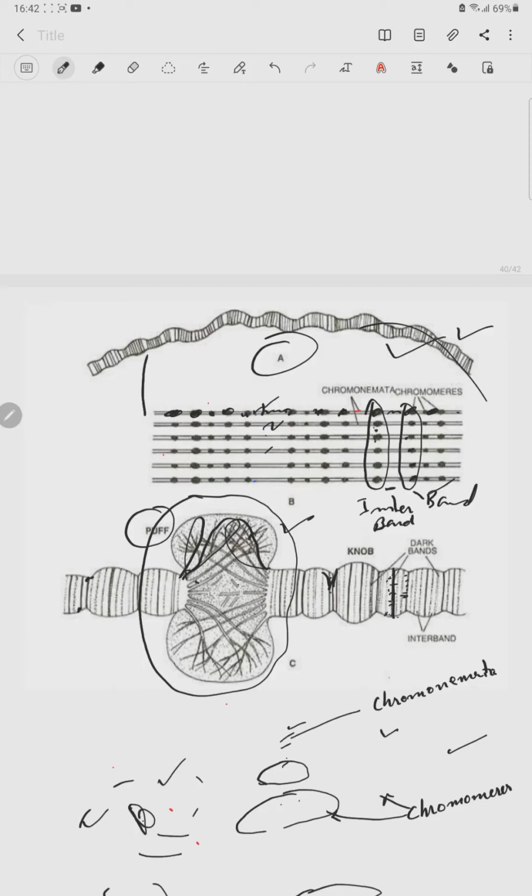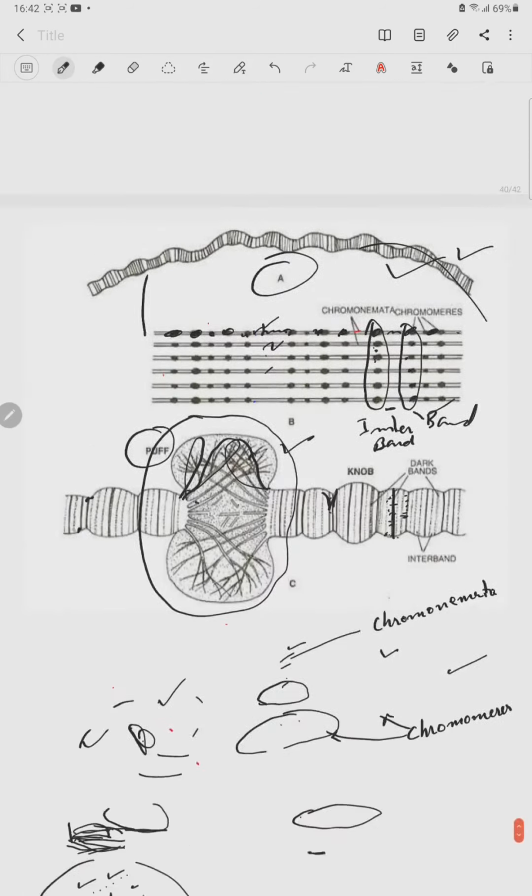These bands and interbands, dark or light bands, were observed on the polytene chromosome first of all in 1881 by Balbiani in salivary glands of insects.